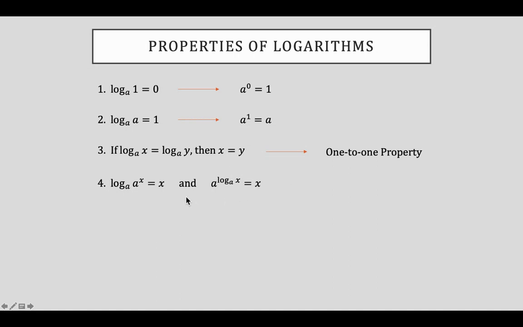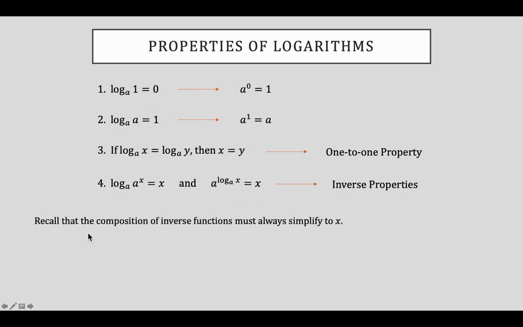Property number 4, log base a of a raised to the x power is equal to x, and a raised to the log base a of x is equal to x. These are our inverse properties. And if you're curious as to where these properties come from, well, they actually come from our composition of two inverse functions.